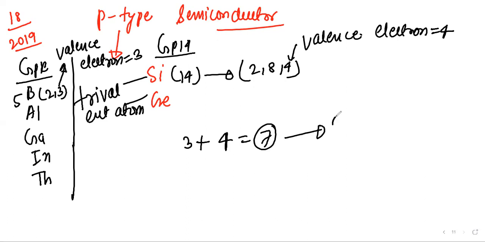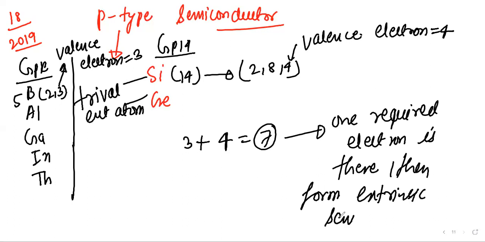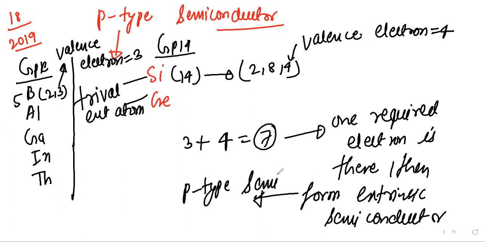So one required electron is there, then it forms extrinsic semiconductor, and it forms p-type semiconductor, right?